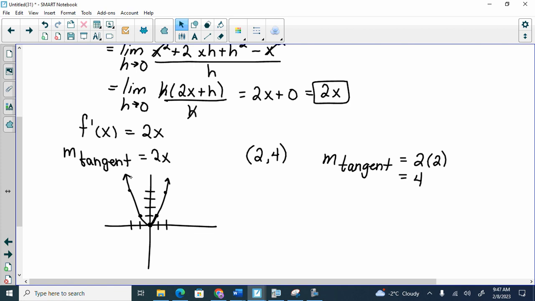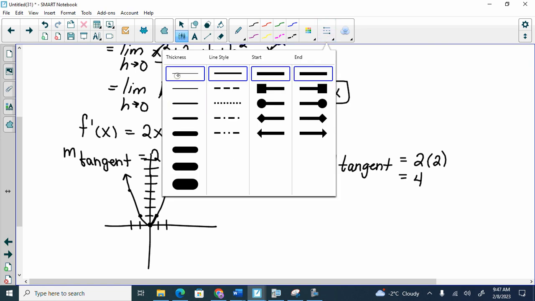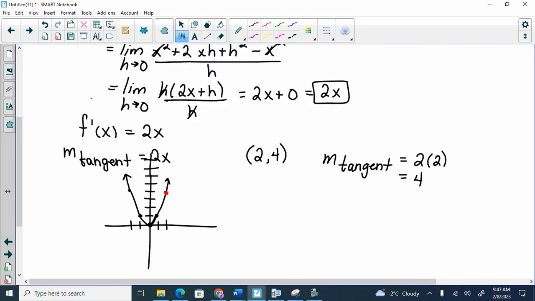Now I'm saying that there is a tangent slope at 2, 4 of 4 over 1. And if I draw 4 over 1 from there, it will actually run tangent. I didn't make the graph very big. So if I go to 2, 4, and I rise up 4, 1, 2, 3, 4, and I go over 1, it'll be like there, correct?